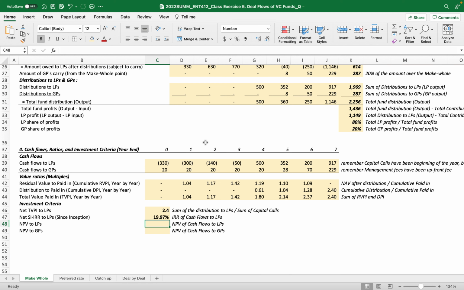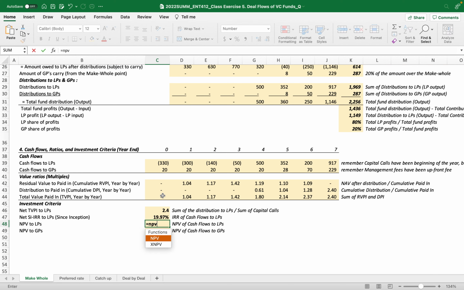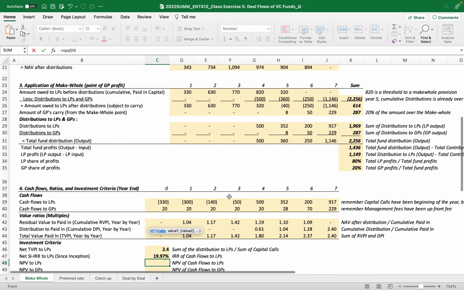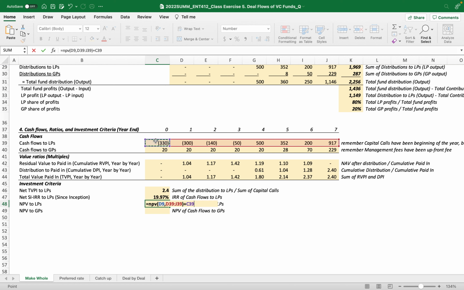If you want to see this LP's performance in dollar terms, then we can use NPV, right? NPV. How do we calculate NPV? Using the rate, 15%, which is the required rate of return, right? And then let's drag from year 1 only the future cash flows, and then finally subtract this beginning.